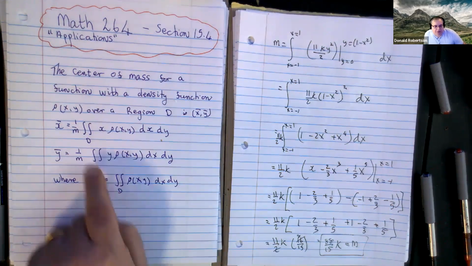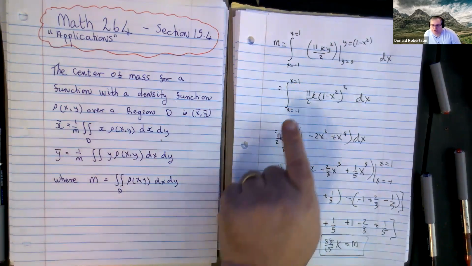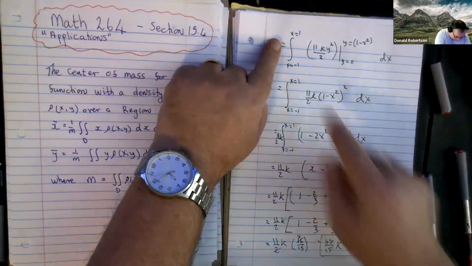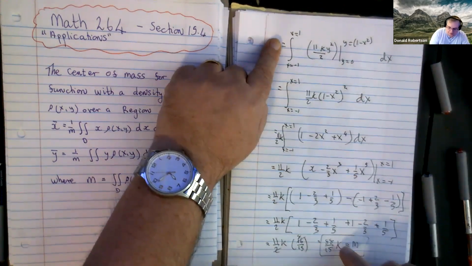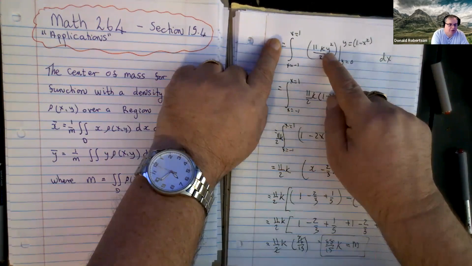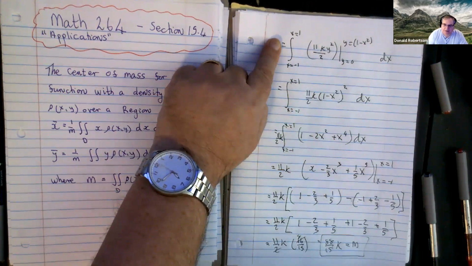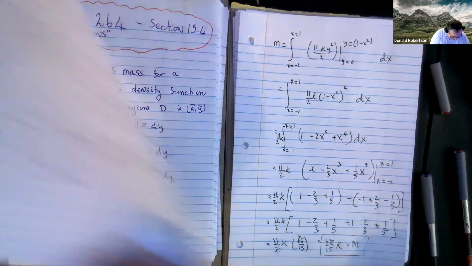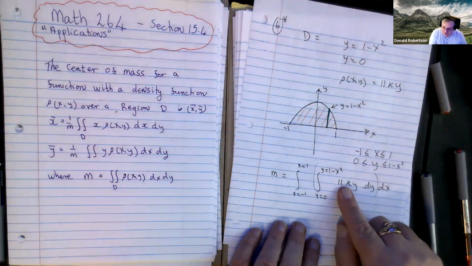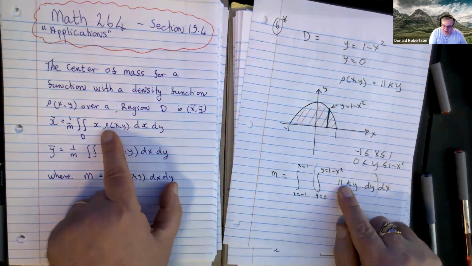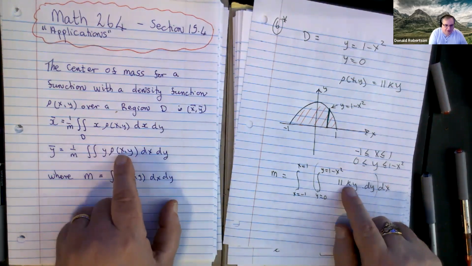And then to get x bar, you do virtually the same integration up here, right? But with a 1 over m, which is 1 over that ugly guy, and multiply this guy here by an extra x to get x bar, and multiply this guy here by an extra y to get the y bar.